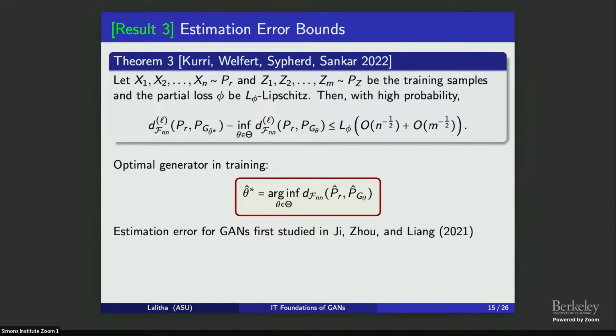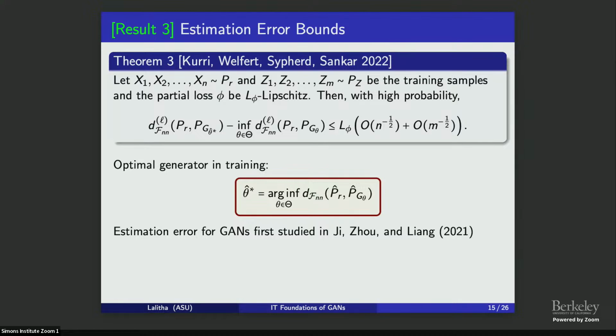Then with high probability, here's the setting. What we want to understand is that the reality is you only have estimates of these two distributions from the finite samples. Based on these estimates, you can take this neural network distance and minimize it over your possible neural architectures, and you will get the best generator model.